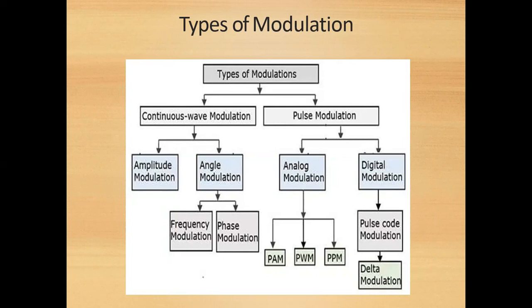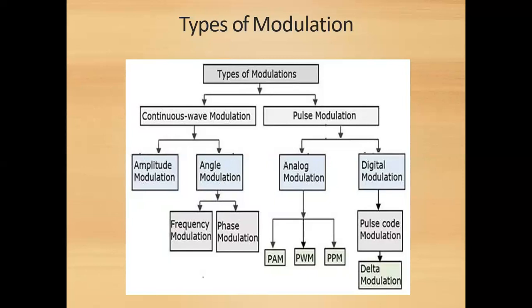In continuous wave modulation, the carrier signal will be a sine wave, a continuous signal. But in pulse modulation, we will be taking our carrier signal as a pulse. That is the simple difference between continuous wave modulation and pulse modulation.